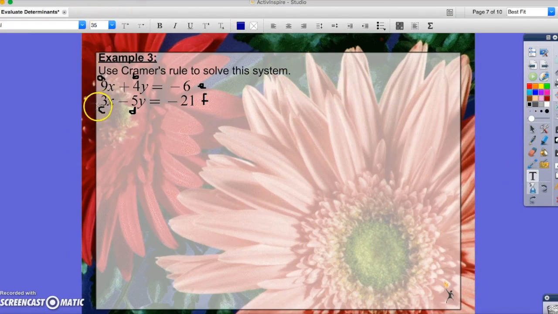Now we start off with determinant A. Determinant A is the coefficient matrix. So that's 9, 4, 3, -5.